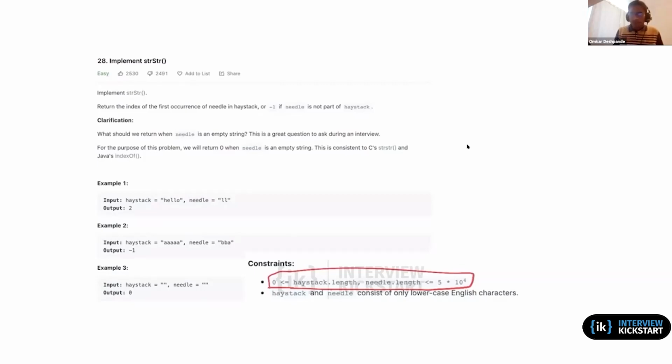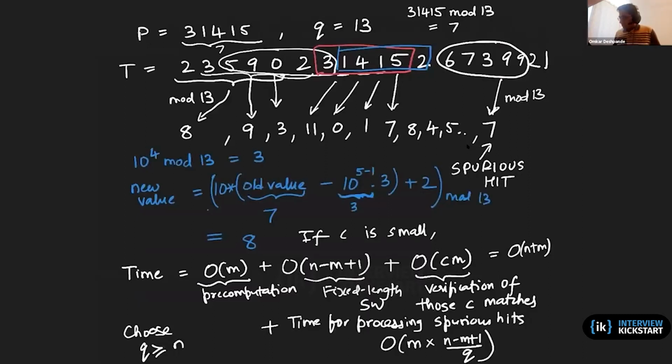And why do we pick a prime number? When we are doing mod q, we are essentially dividing by q and getting the remainder, the hash value. If q is not a prime number, there is a bigger possibility that the number we are taking mod q of could have some common factors with q.